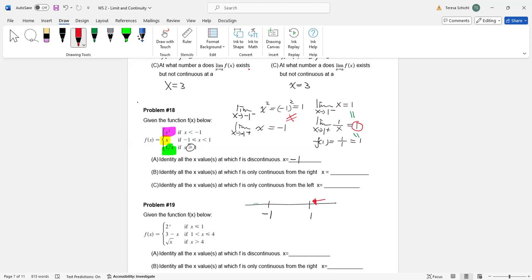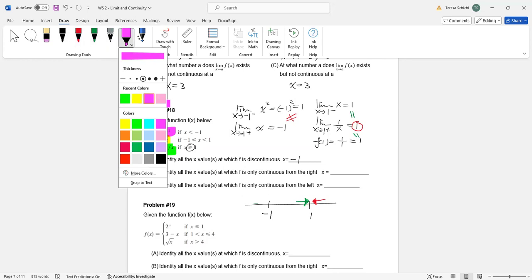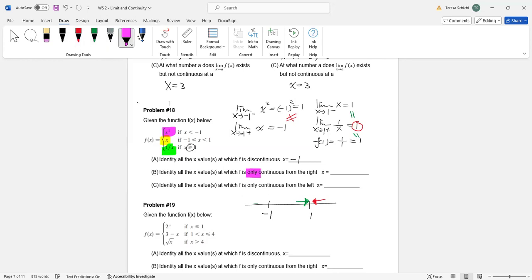So from the right is okay. But since 1 is continuous, it is continuous from the right and continuous from the left. And this problem asks for only one side, so 1 will not be our choice.